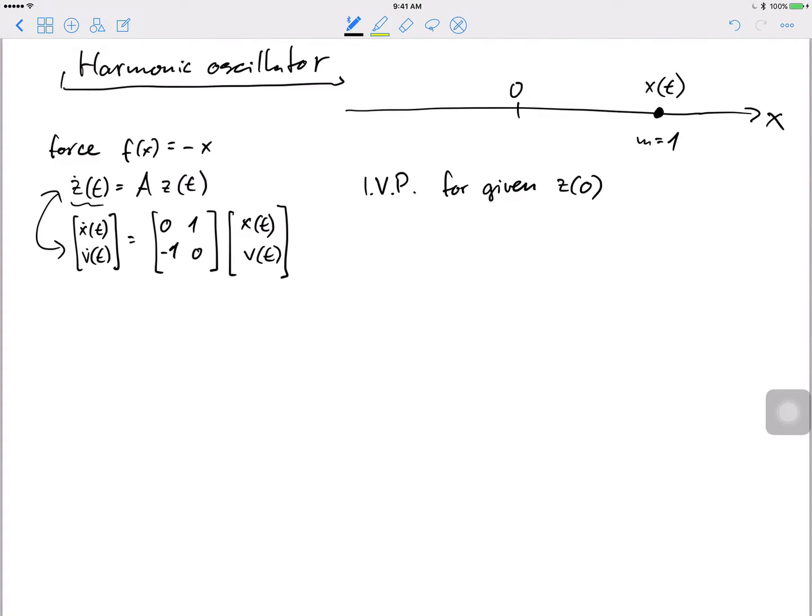Okay. So in this case, the analytical solution is given using the matrix exponential formula, e to the power of tA times z0. Those are the initial conditions. And this e to the power of tA, that's the matrix exponential. That's what we were talking about the last time, right?